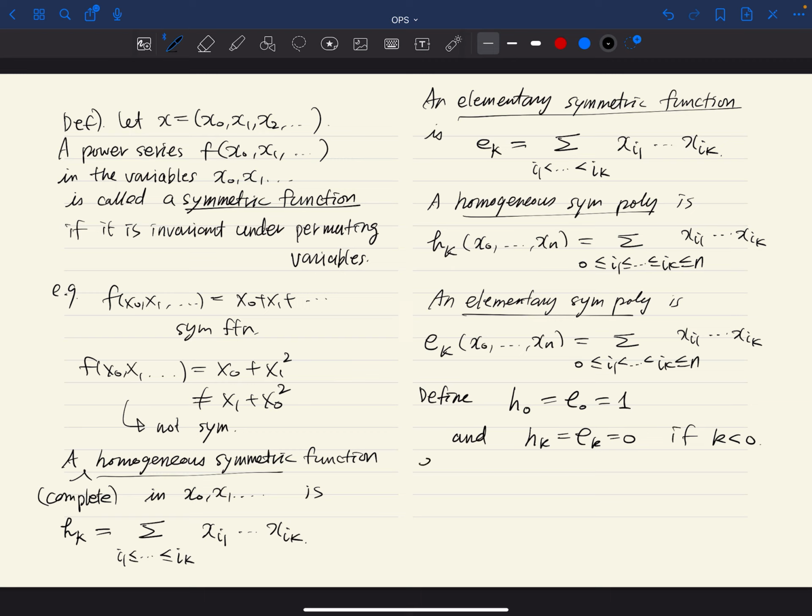An example. What is h1 of 3 variables, x0, x1, x2? h1 is the same as e1. And you just add, there is only one way to select x0 or x1 or x2. So this is it. What about h2?